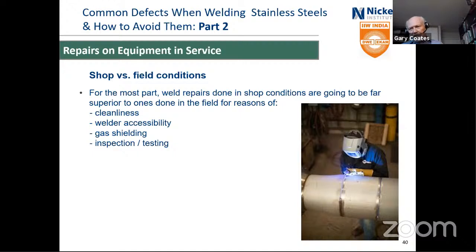If you're in a plant, there can be wind or breezes blowing that will disturb the gas shielding. And of course, in a shop, you can do proper inspection and testing of it, so it isn't just the welder inspecting his own weld. You can have a proper inspector look at it.